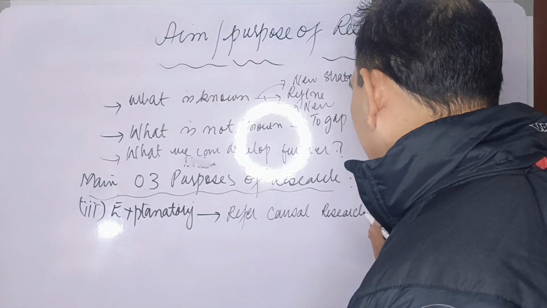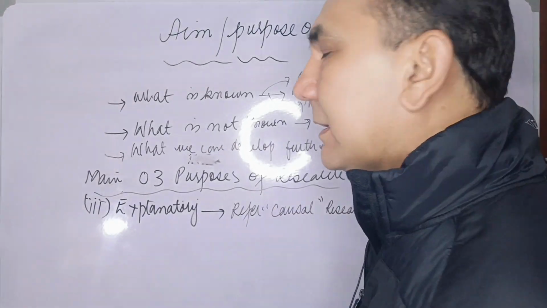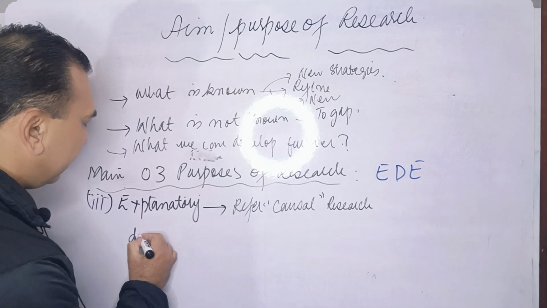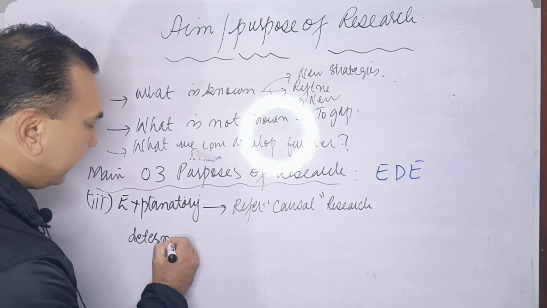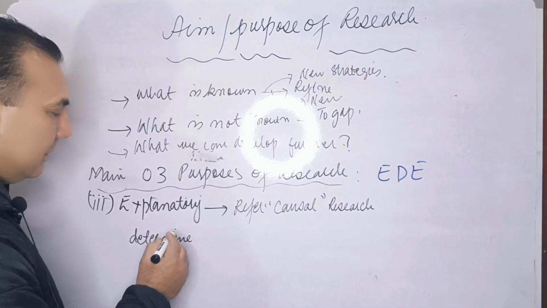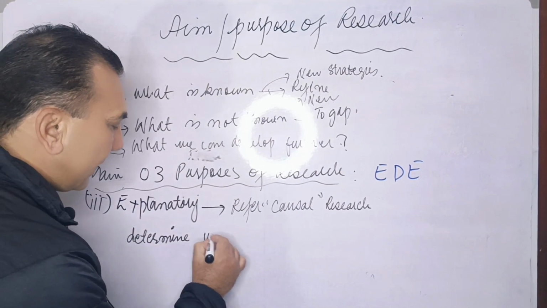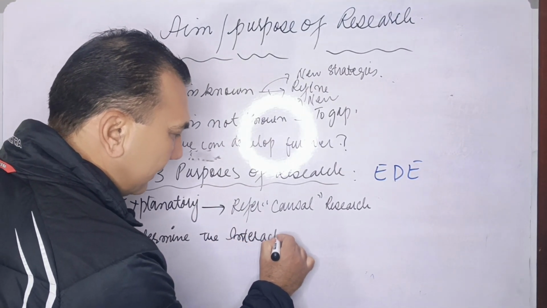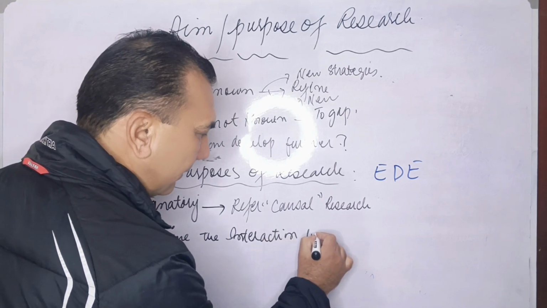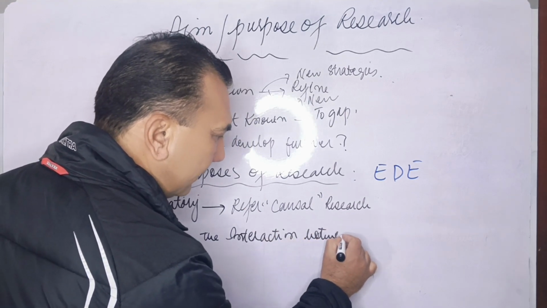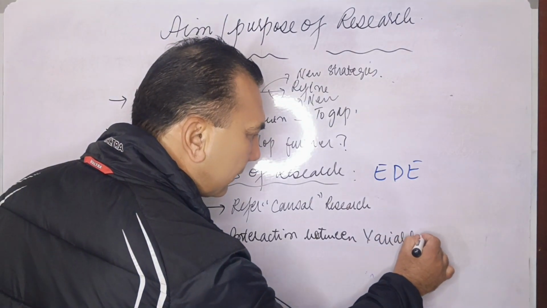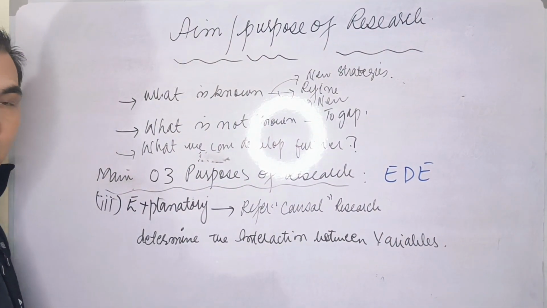Now what does the causal relationship mean? It will determine the interaction between the variables or among the variables.